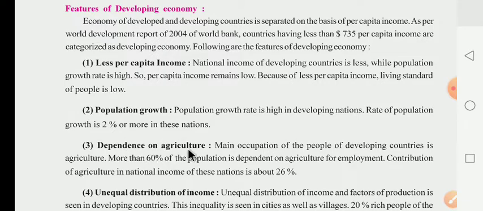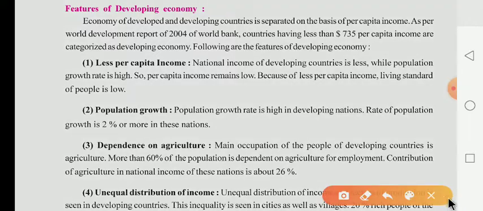Third one, dependence on agriculture. The main occupation of the people of developing countries is agriculture. It means the maximum part of the people of that nation is dependent on the agriculture sector.